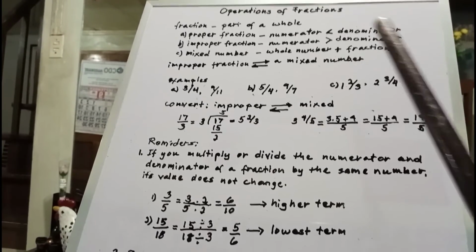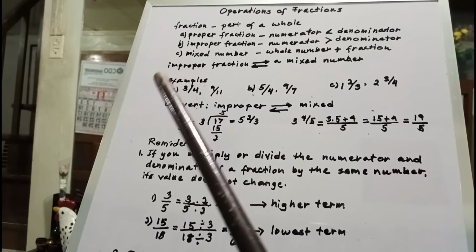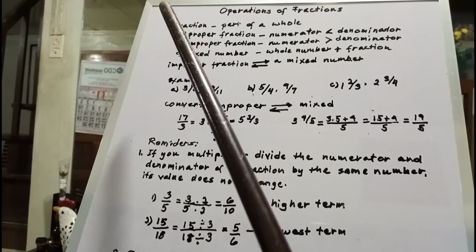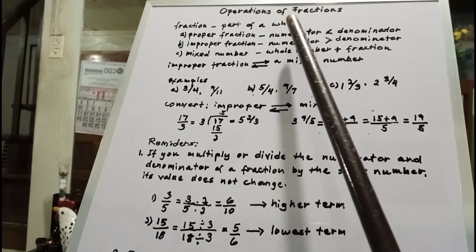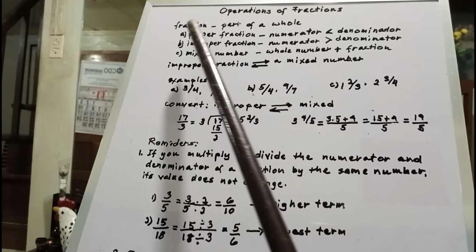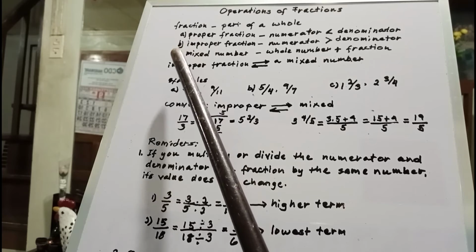Our topic for today is operations of fractions. What is a fraction? As the word suggests, a fraction is a part of a whole, meaning it is less than 1. There are types of fractions.